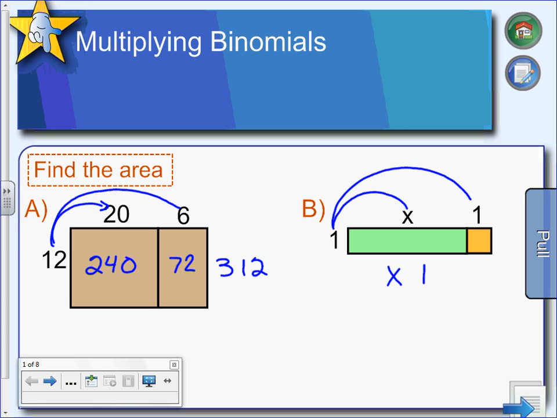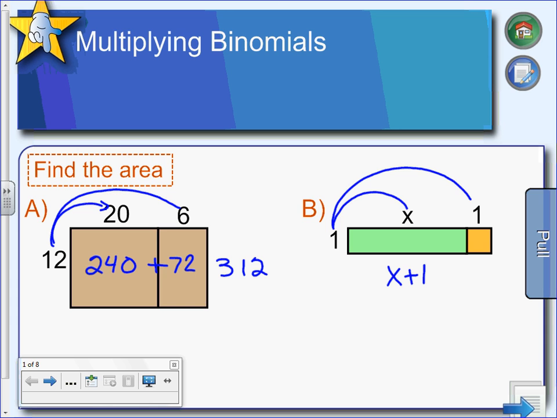Now, just like here with 240 and 72, I had to add those two together. So 240 plus 72, and that's how I got 312. Here, I have a variable and a constant. I can't really combine those together, so I would just say x plus 1.